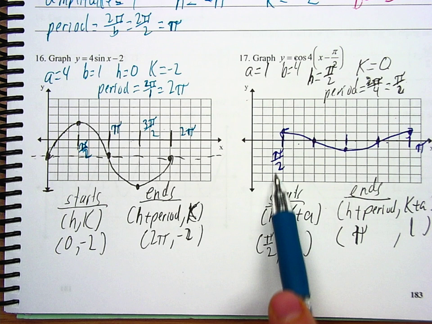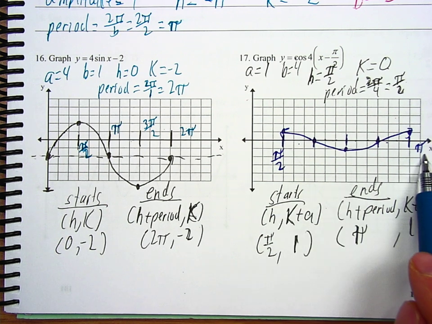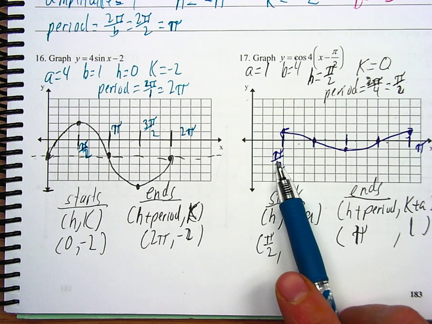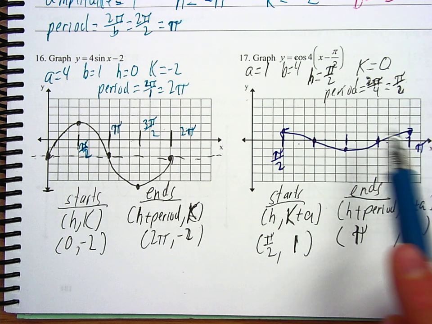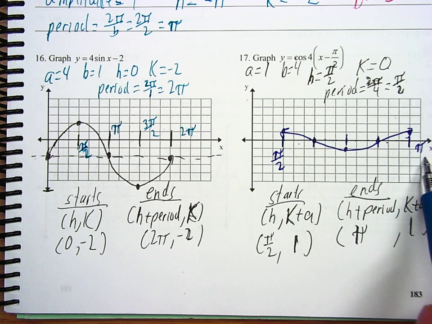So this is pi over 2, this is pi. So I'm not going by halves this time, because pi over 2 plus pi over 2 is equal to pi. Not going by halves. What am I going by? I need, again, 4 even tick marks.